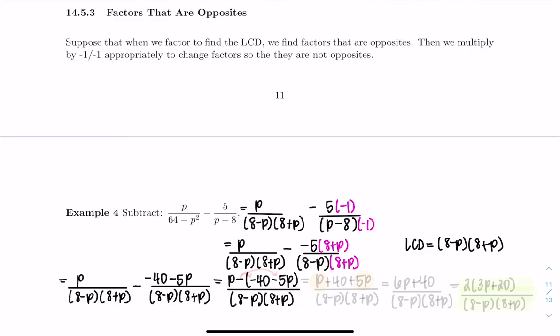And then we just want to make sure we distribute this negative. And so we end up with p plus 40 plus 5p all over our LCD.